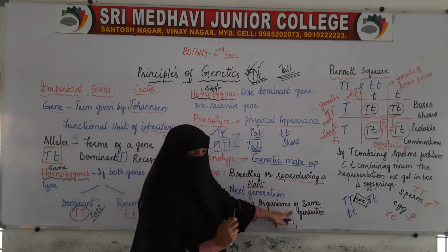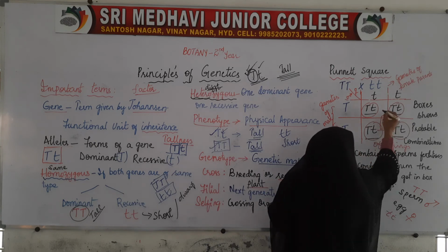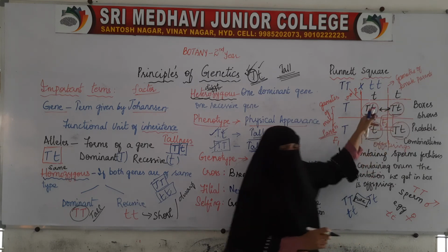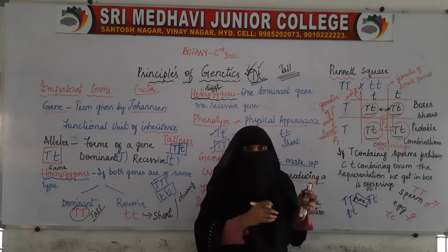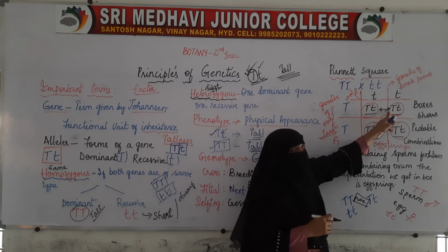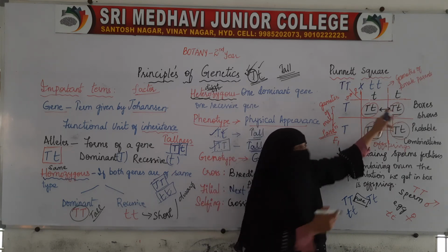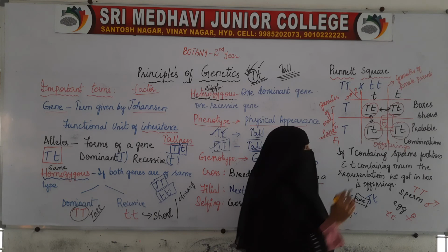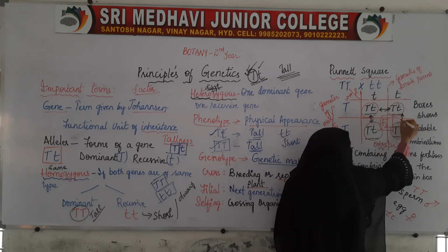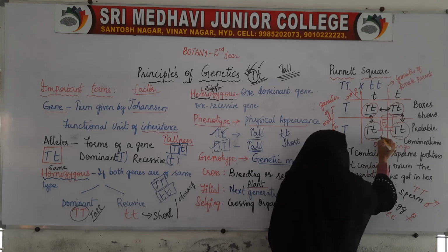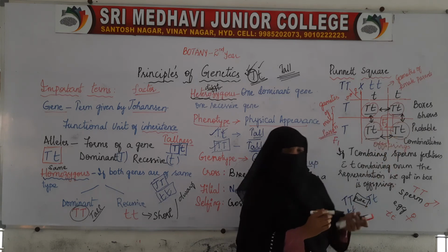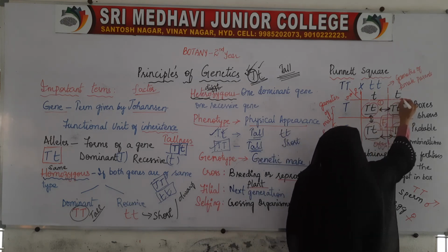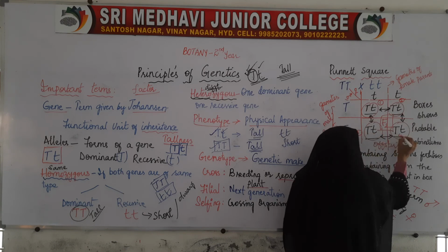If for the next generation crossing is done between these 2, because they are of the same generation, children of the same parent, then it is called selfing. If there is a cross between these 2, it is also called selfing, and likewise between these 2 and these 2. For example, to understand easily, I will number them 1, 2, 3, 4.